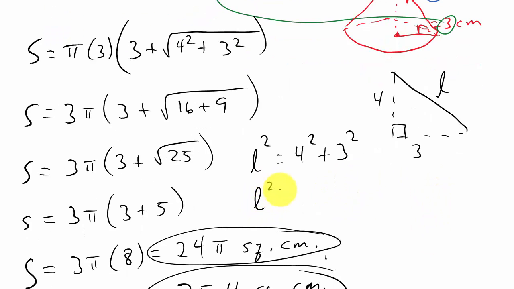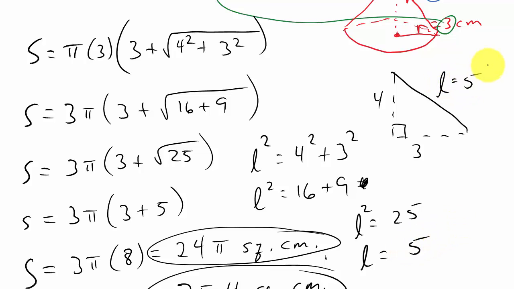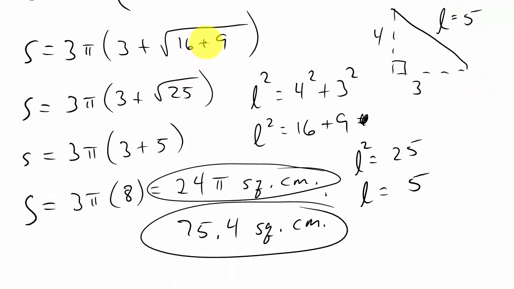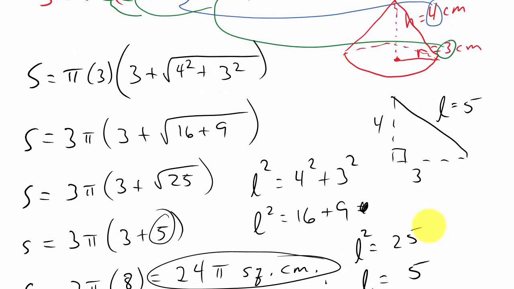So that's L squared is 16 plus 9, which means L squared is 25, and then you square root both sides. So we know the slant height is 5. But look at this. See where we plugged all that in here? There's your slant height. But you could use the other formula if you wanted to.